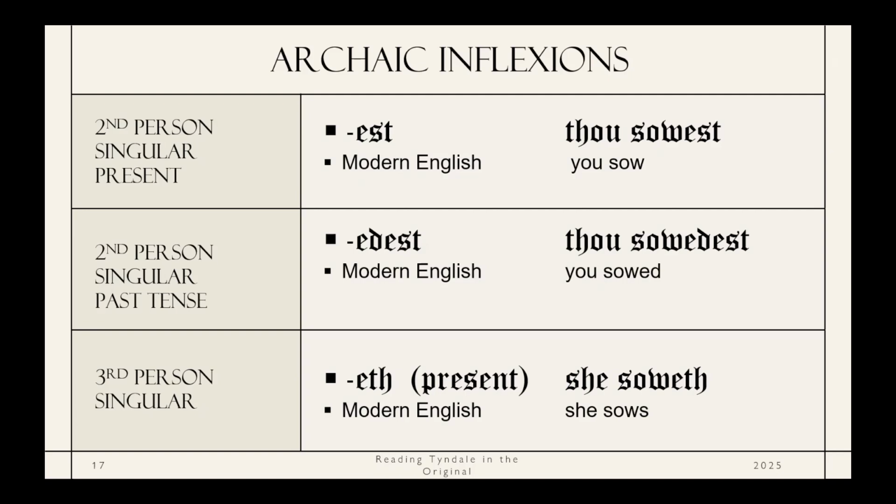And in the past, thou sowedest, but now we just say you sowed. So we've lost that est ending in modern English. But in the third person singular, it would be eth. So for example, she or he soweth. And that eth in modern English has been changed to an s. So now we'd say she sows, she soweth, she sows. So we've still got an inflection on the third person singular in English.